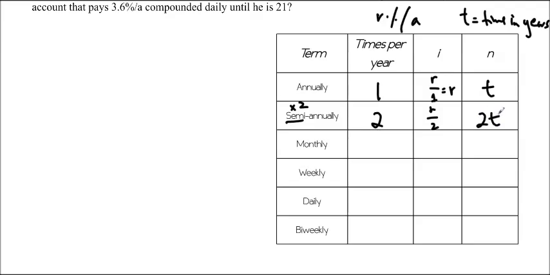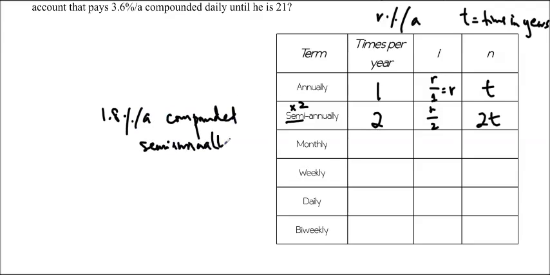So it's 2t. So for example, if I was compounding at 1.8% per annum, compounded semi-annually for let's say 3 years, we know that for every compounding period, let's say it does it in January and then it does it in July, right?